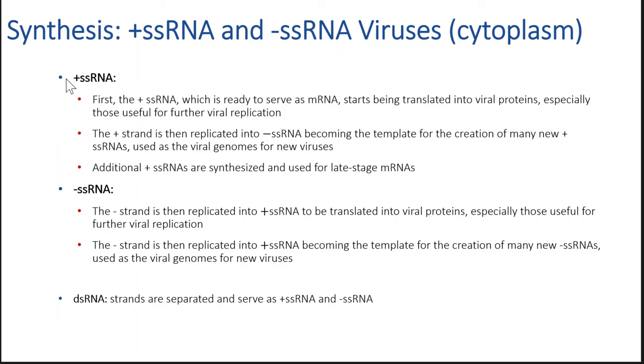So if the viral nucleic acid is positive single-stranded RNA, it's uncoated, and now I have this positive strand, it can attach straight to a ribosome and start being translated and start making viral proteins. So some viruses come in as positive single-stranded RNA, and they can be directly translated into proteins. All right.